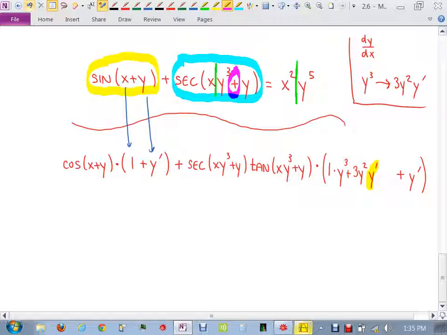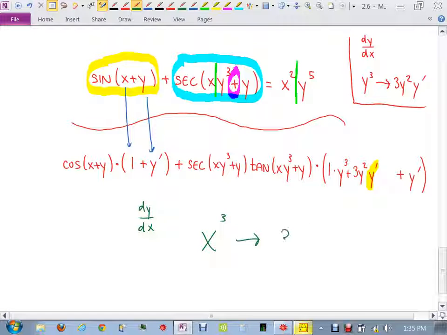Because it was x. So if you have, y is actually a function of x. Look, if we had x cubed, right? And I said take the derivative with respect to x.